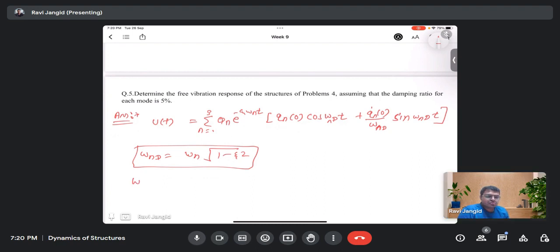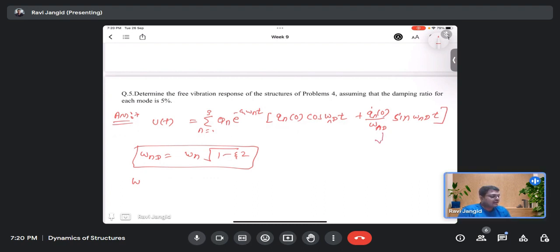I think we have another term in the qn dot 0 plus xi n omega n qn of t. Yes, that would be there, but the damping is small for the 5% damping. If the damping is higher, then the 1 minus xi square term would matter, that we are neglecting.